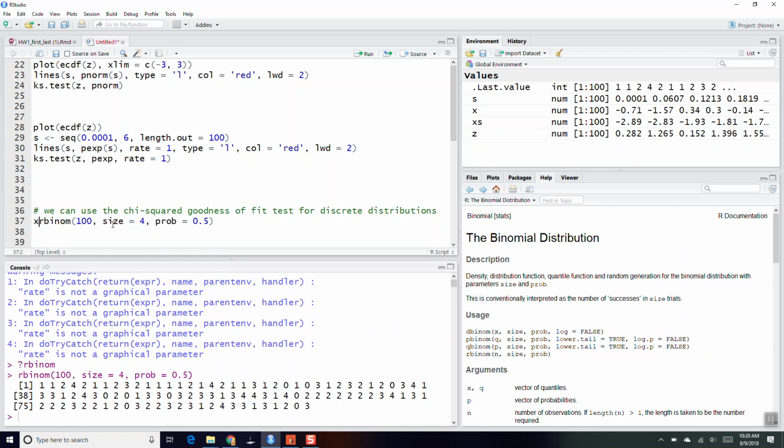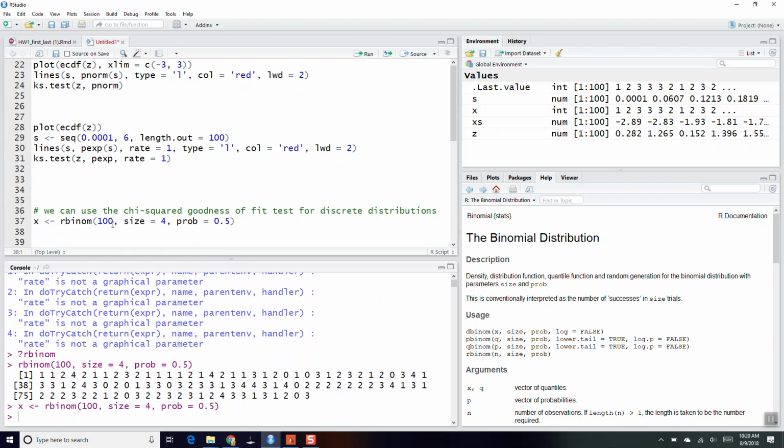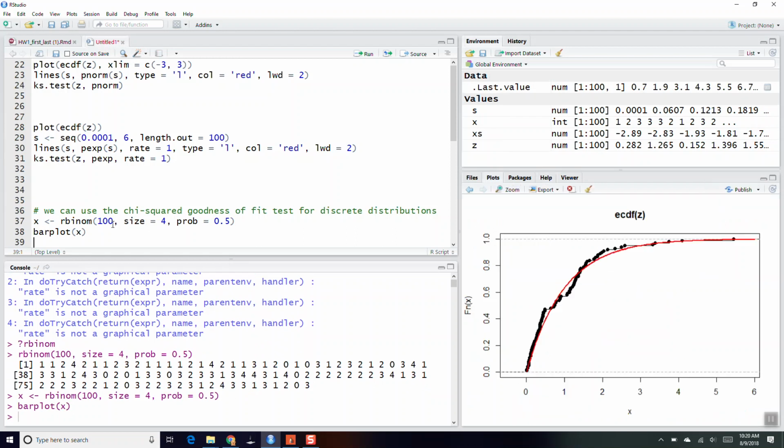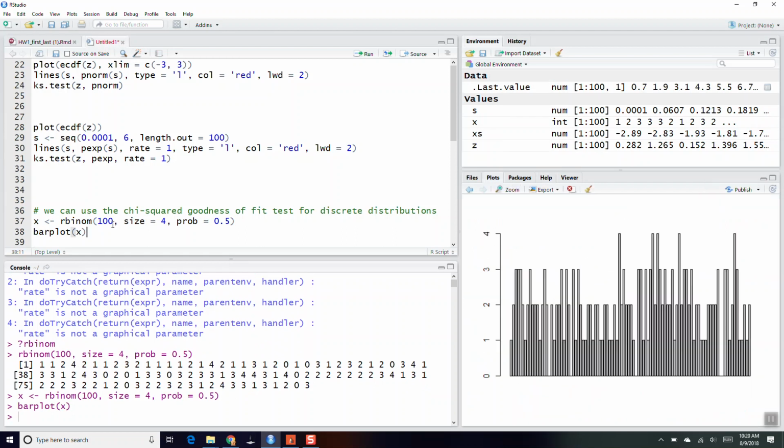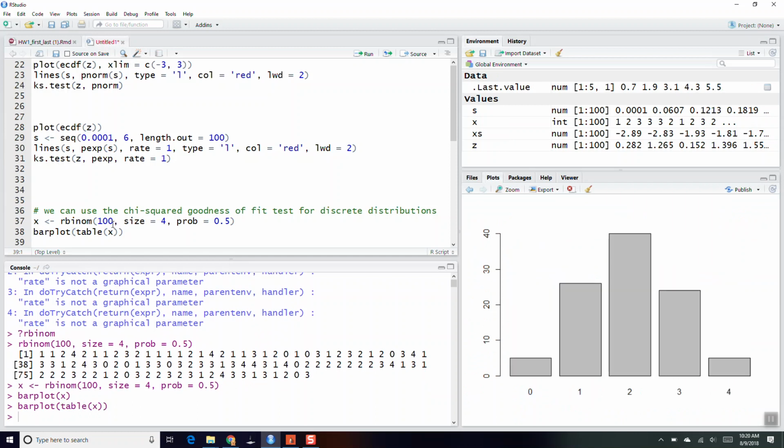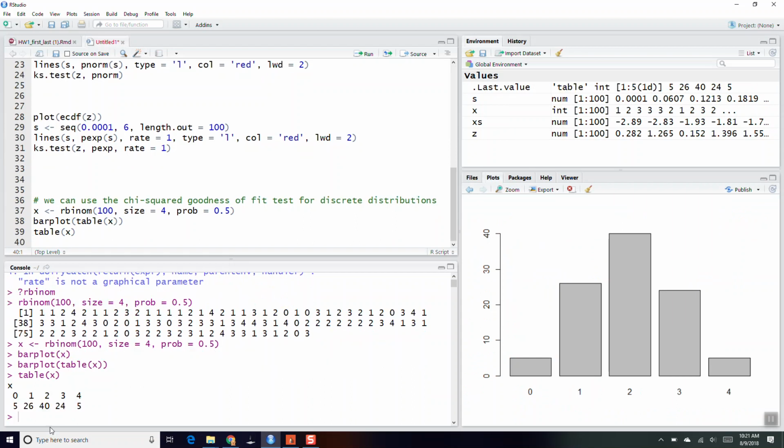And we'll call this X. We can do barplot X. Nope, that's not what I want. Oh, table X. So if we tabulate X, it'll tell us we have 5 zeros, 26 ones, and 42 twos, and things like this, okay?